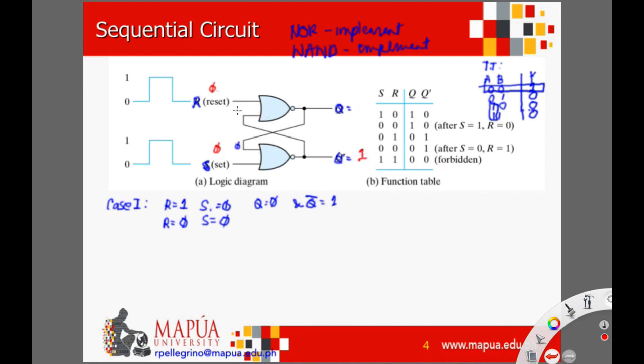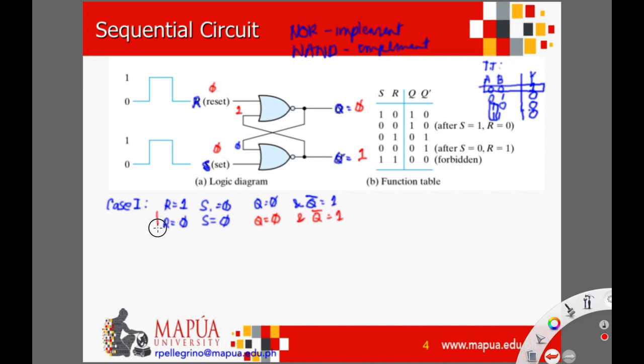So this goes here, 0 or 1, our reset, and that becomes 0. So as you can see, Q is equal to 0 and Q bar is equal to 1.